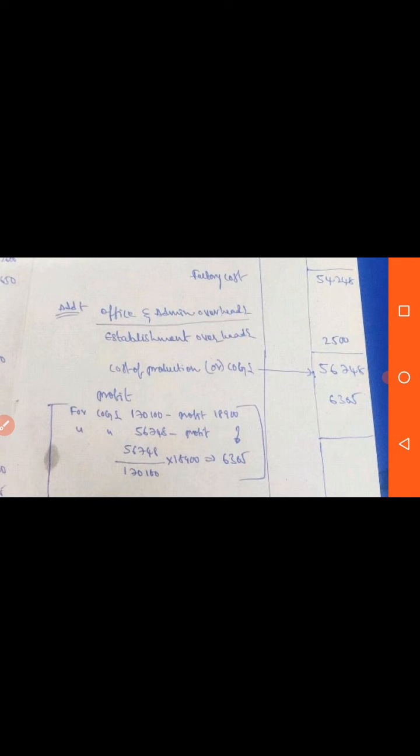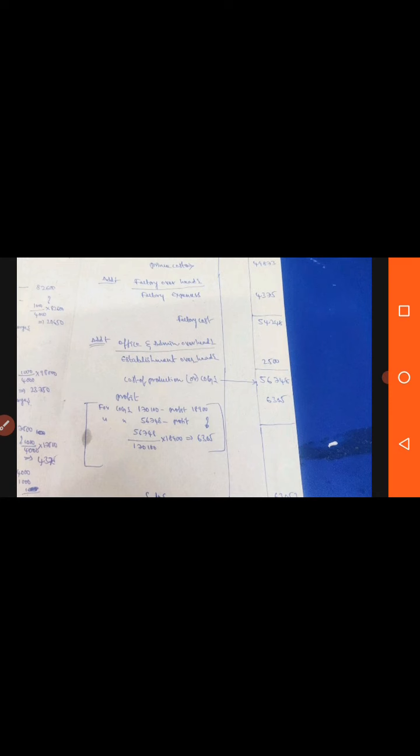Next, calculation of profit for production of 1000 stoves. For COGS of 4,000 stoves equal to 1,70,100, the profit is 18,900.